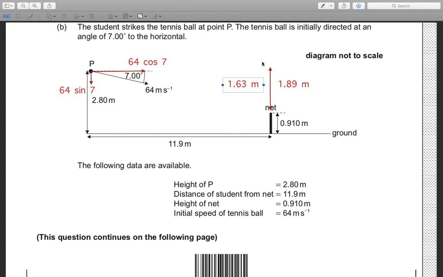This is 1.63 meter, and this is 1.89. So the ball is passing, because the position of the ball is a little bit above the net. This is the distance between the net and the ball horizontally. Okay, this is proven.